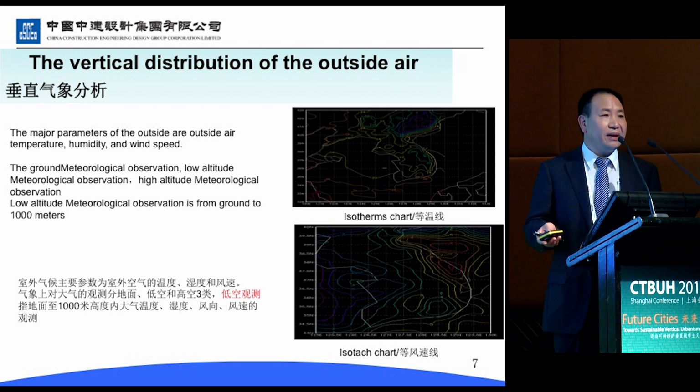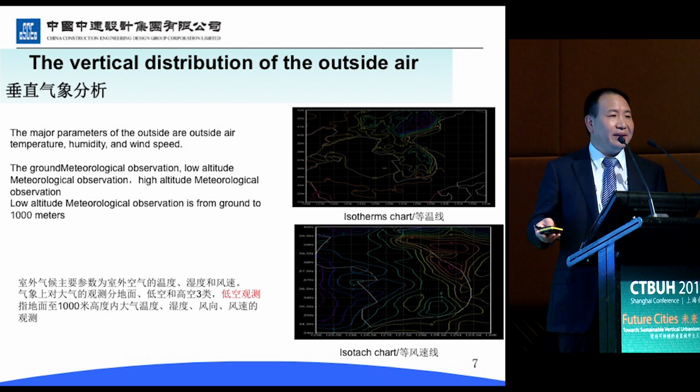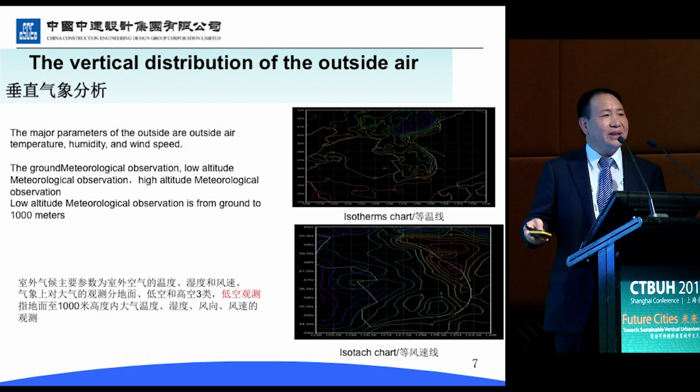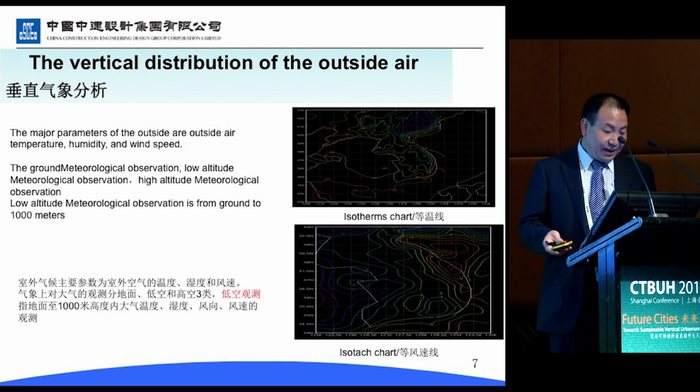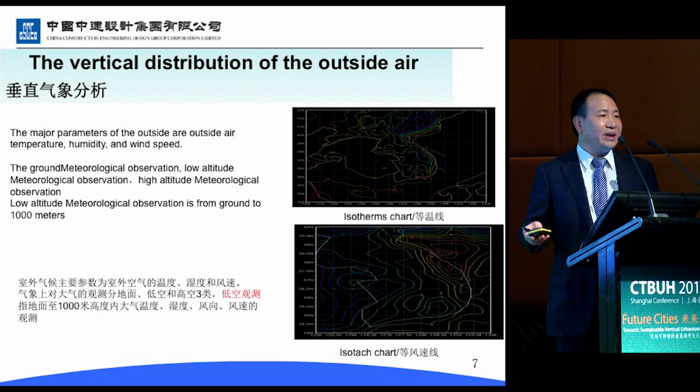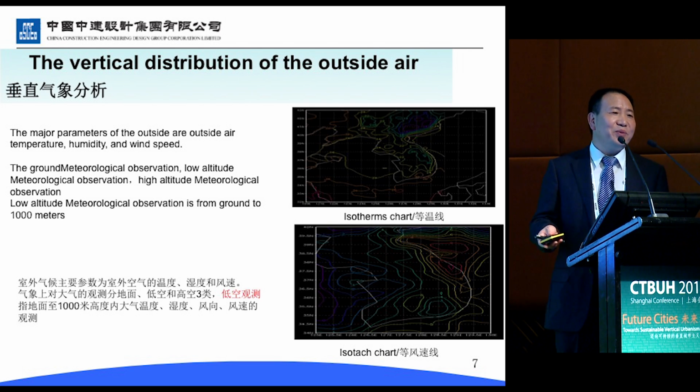Now, in terms of vertical distribution of the outside air, through handset or TV, we can get the temperature change. We can get the humidity data. We can get the wind speed. But the vertical distribution data are not quite available. Maybe through a certain observation tower, we may be able to get some data above 1,000 meters.